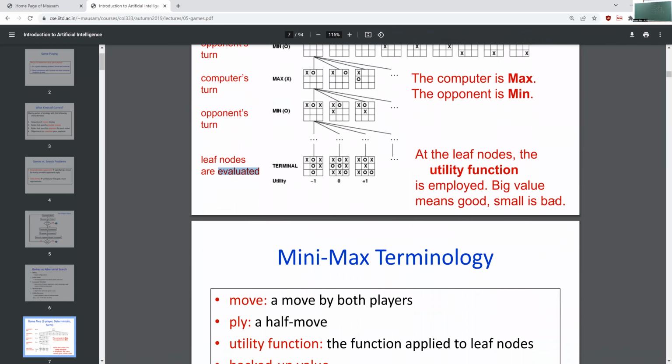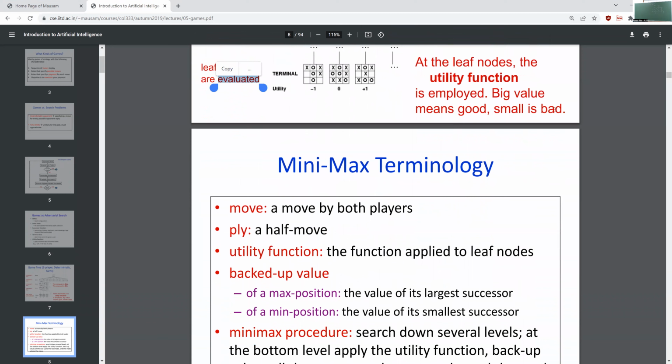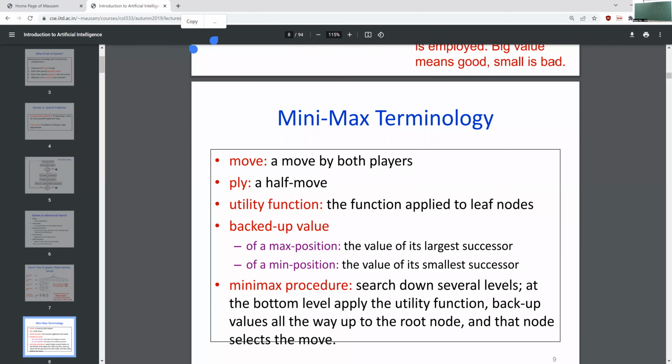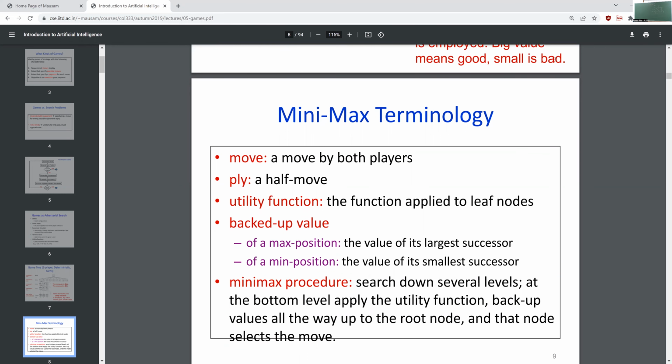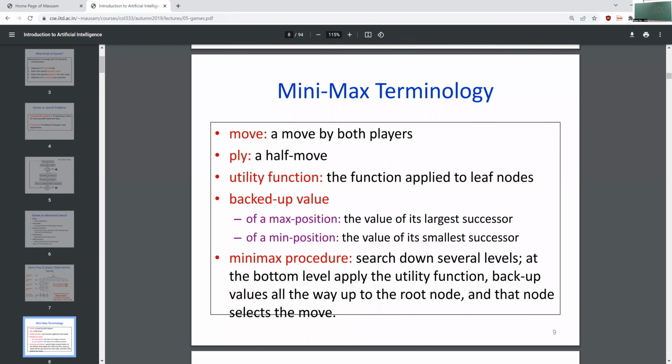Now let us come to some terminology. I think we have discussed these. We can jump to the algorithm right away. Maybe a quick discussion: we are referring to a move by one player as a ply.